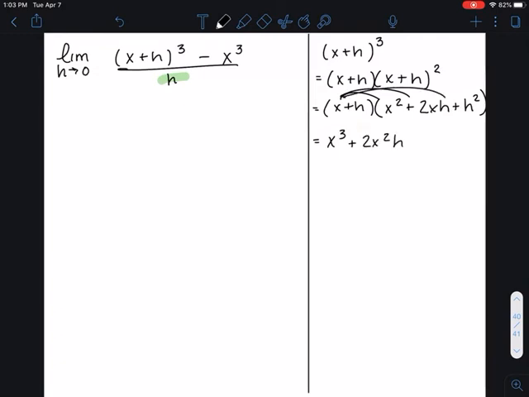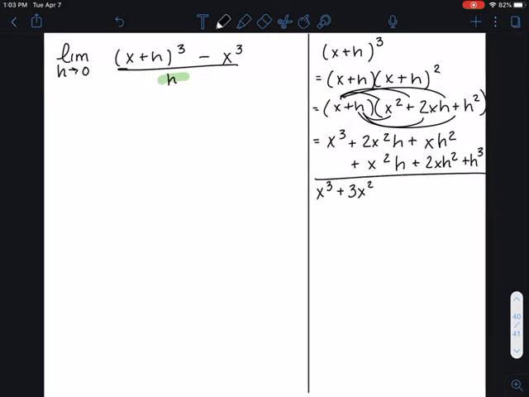Now distribute: x cubed plus 2x squared h plus xh squared plus x squared h plus 2xh squared plus h cubed. Now we add our like terms, so we have x cubed plus 3x squared h plus 3xh squared plus h cubed. So this part here is the same thing as this.